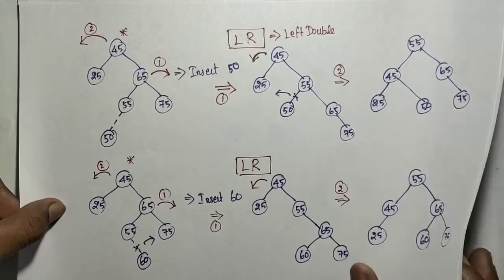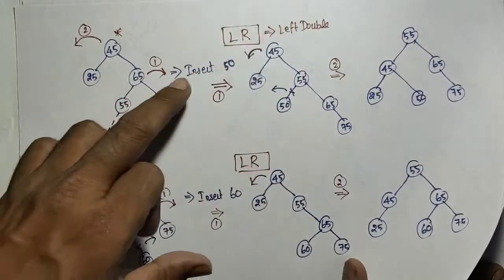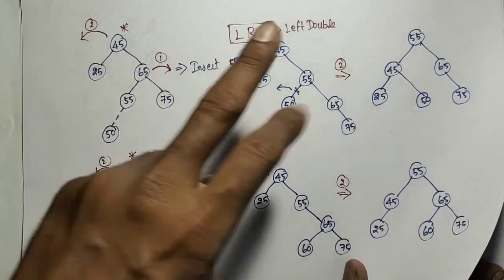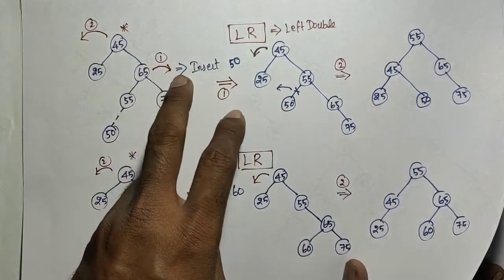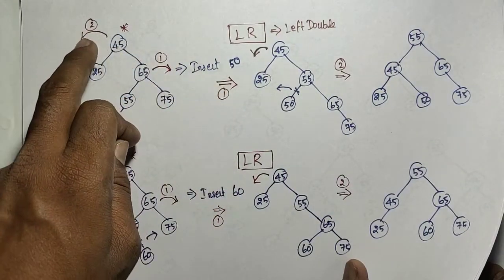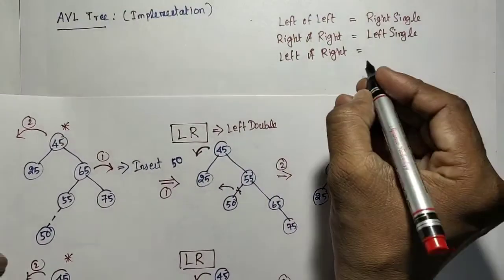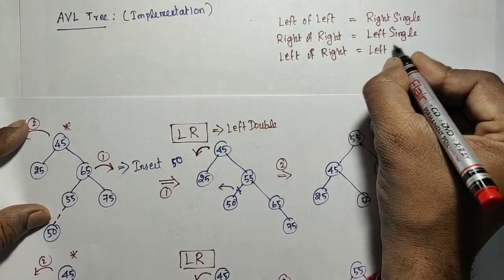Left of the right means this is the case. Okay, left double. Left of the right subtree, left side. Two times I have to rotate. One is on the right subtree's right side and then on the left side. So that action is the left double. So left of right means left double.